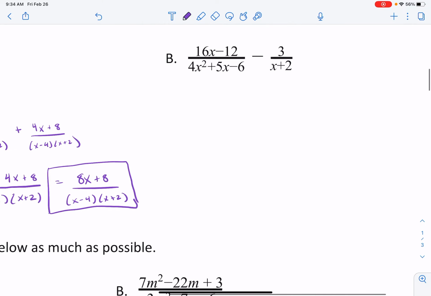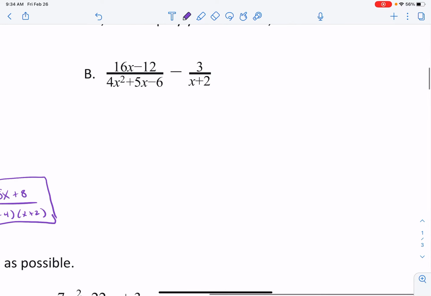All right, part B. So we've got 16x minus 12 over 4x squared plus 5x minus 6 minus 3 over x plus 2. So a couple things that I'm noticing right away would be some factoring that we need to do here. However, our a is not equal to 1, so we're going to want to do the diamond method.